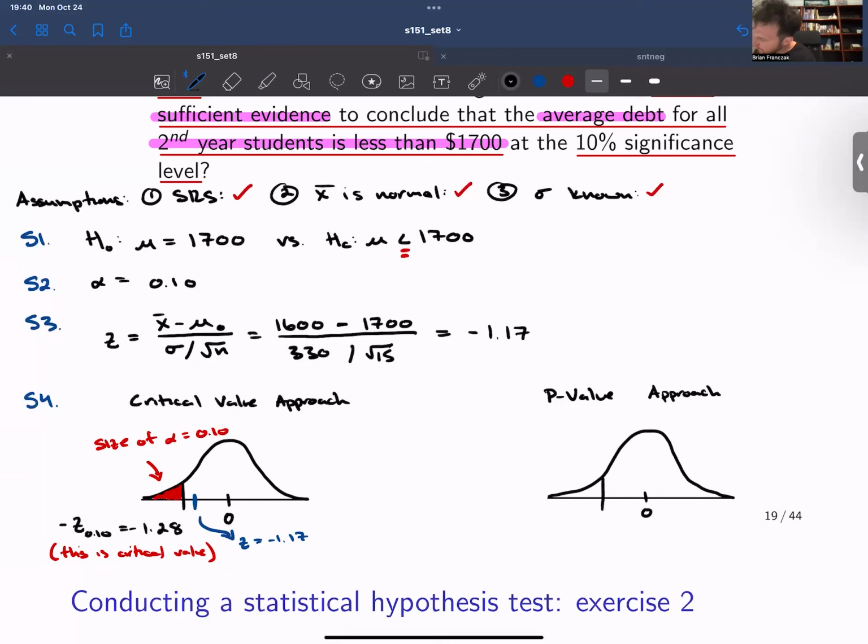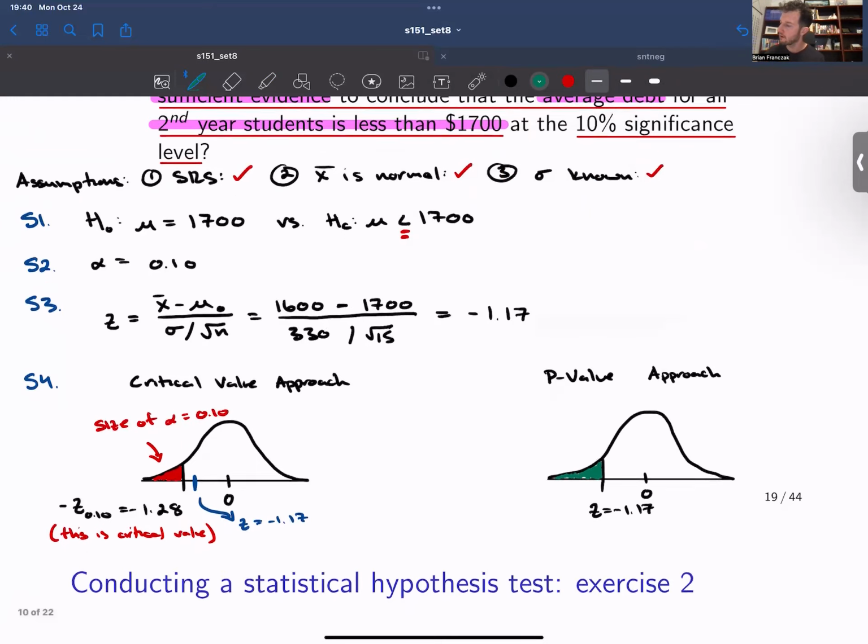Let's say the test statistic is right about here. Because it's a lower tail test, I shade the area to the left of this value. This is because of the alternative hypothesis. The alternative hypothesis tells us where the rejection region is located, and where the p-value is located.